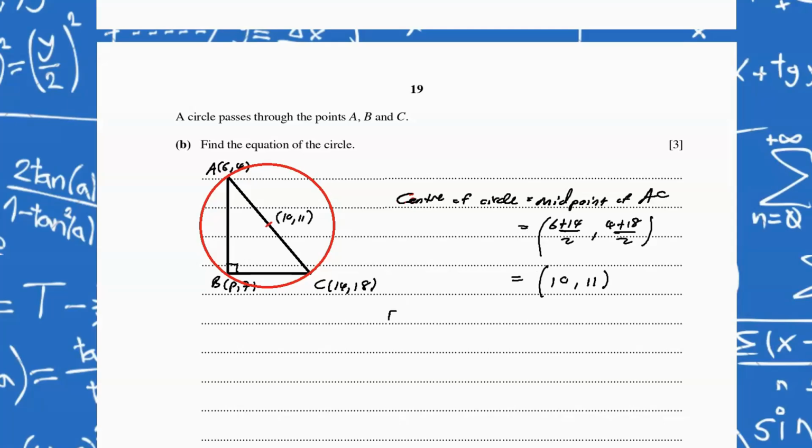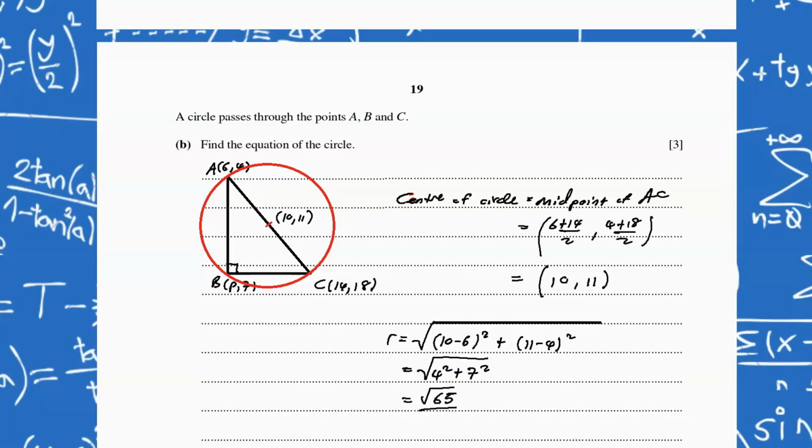So for the radius, we can simply say radius is equal to the square root of 10 minus 6 squared plus 11 minus 4 squared, which is the square root of 4 squared plus 7 squared, and that's the square root of 65 basically.